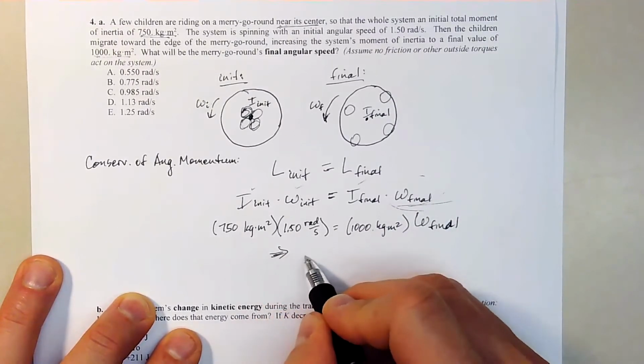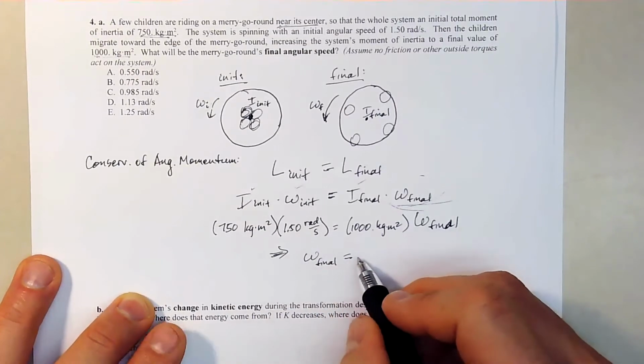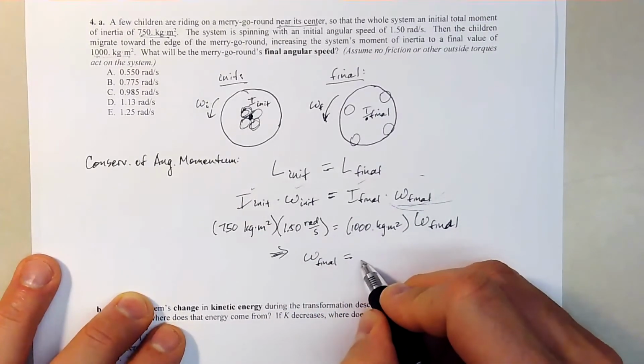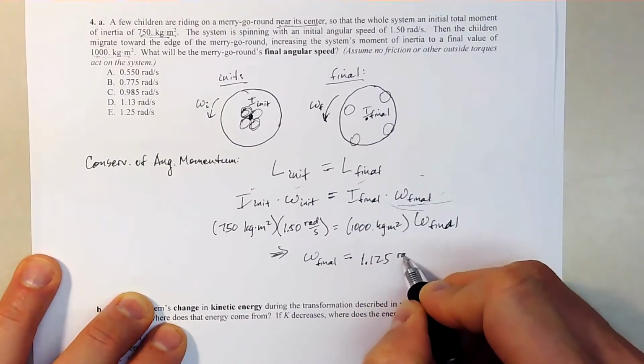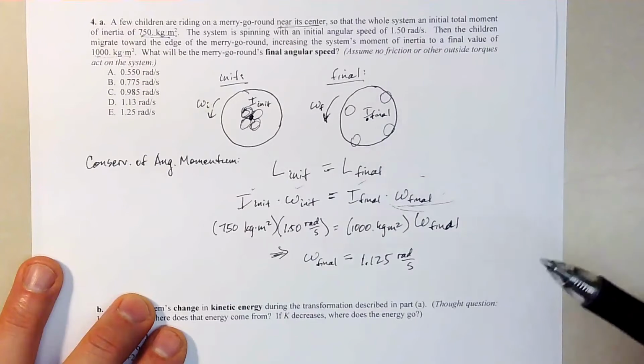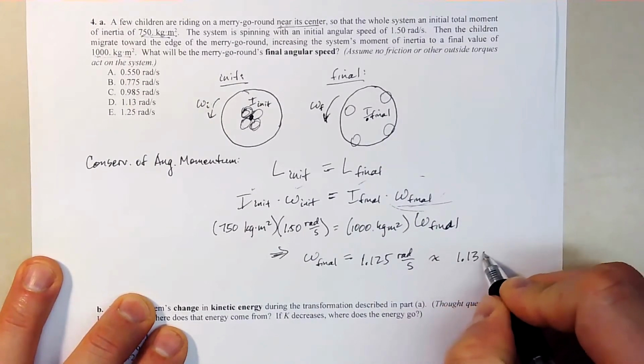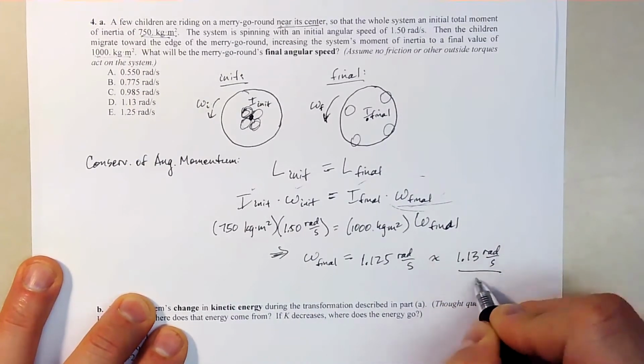And what we learn is that our final angular speed is going to be equal to 1.125 radians per second. Looks like it's about a 3 sig fig problem overall. So I guess we'll round this to 1.13 radians per second.